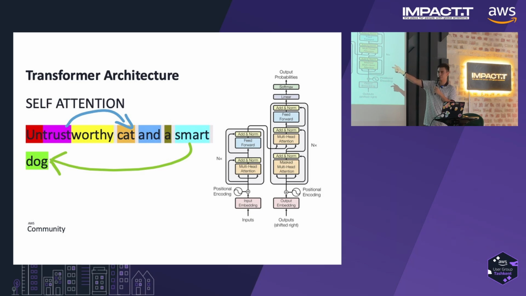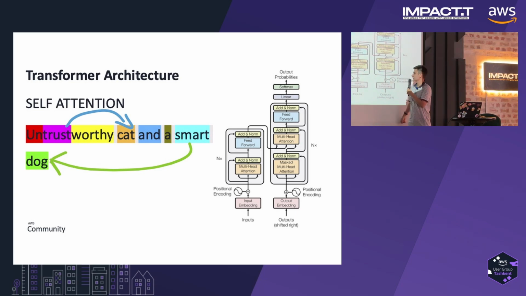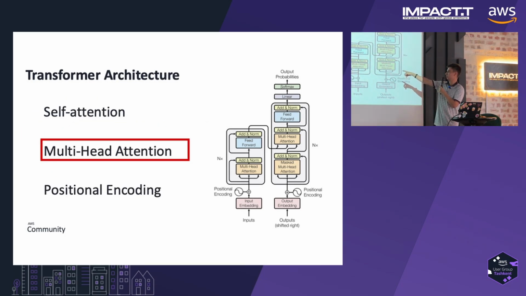For example, if you say draw me a white cat, it will understand that white is related to cat, and it will draw you exactly a white cat. The first step is embedding, and then it goes to multi-head attention. What is multi-head? It is just the self-attention mechanism running many times in parallel to get better performance.